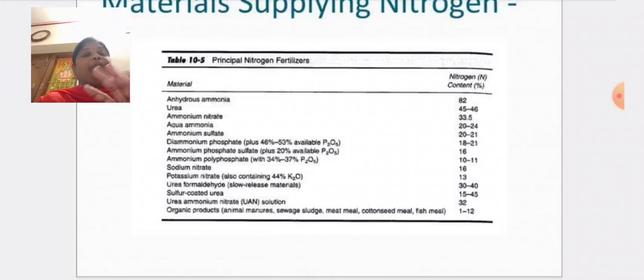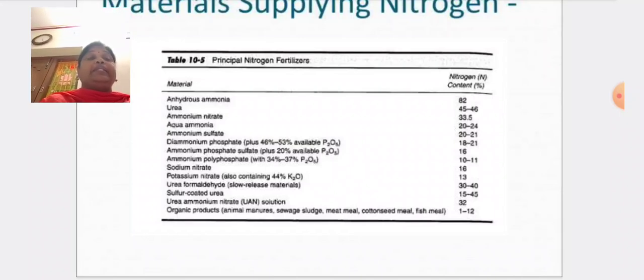Urea is the most commonly used nitrogen-containing fertilizer. Mainly all crops use urea fertilizers. Nitrogen content is 45 to 46%. Then ammonium nitrate, 33.5%. Then aqueous ammonia, which contains 20 to 24 percent nitrogen.